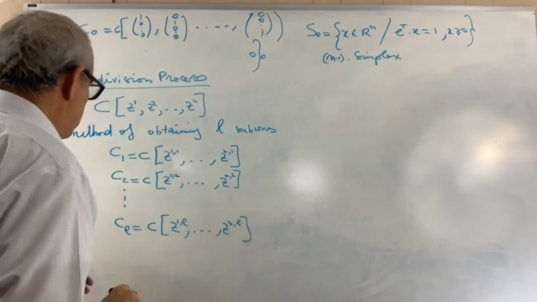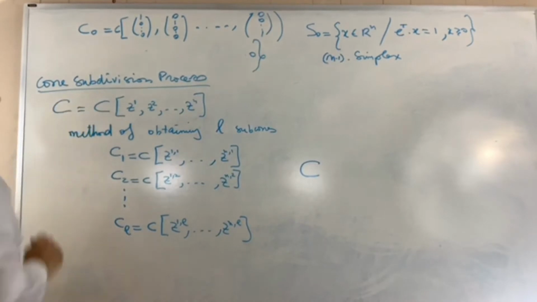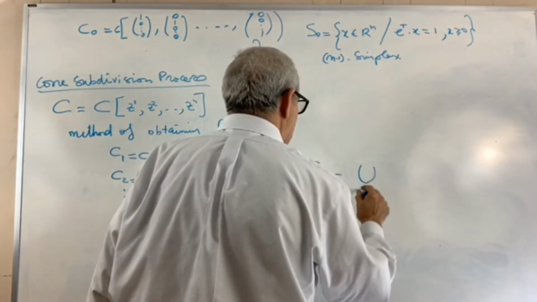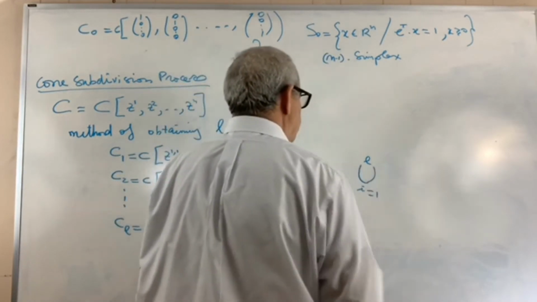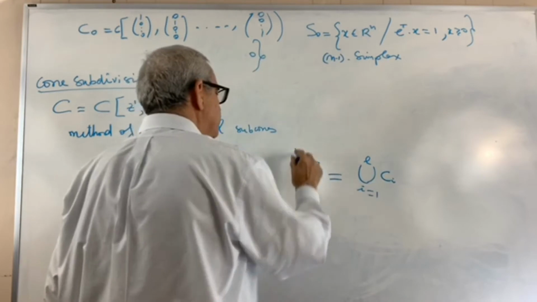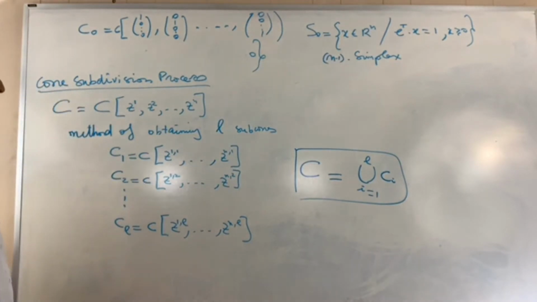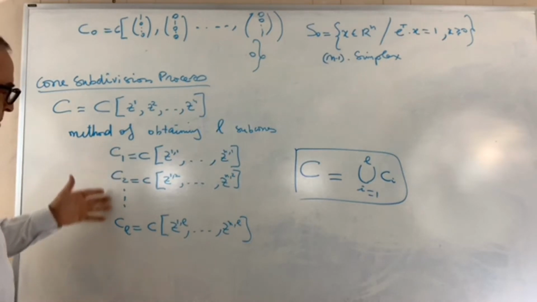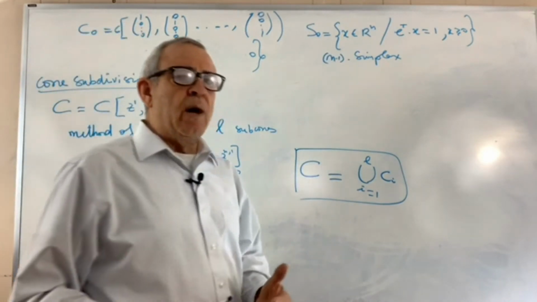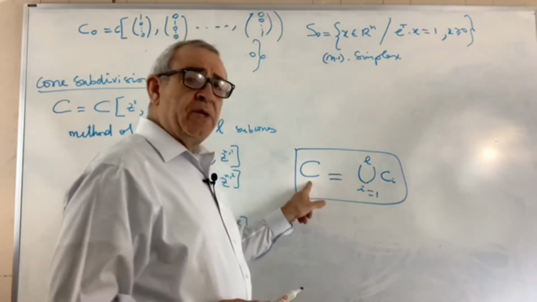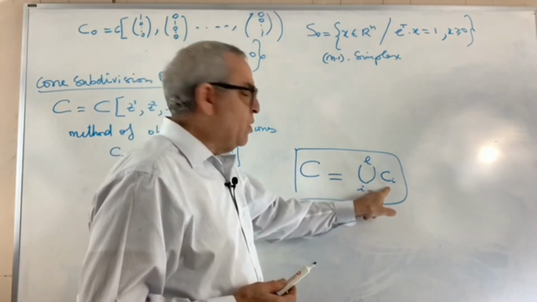One property of this is that C, let's call it this C, is equal to the union of the CI for I equal 1 to L. That's what we mean by a cone subdivision process: all of them are n-dimensional, and the union is C. When we're doing the optimization, we are trying to search in C for a better solution, and it is equivalent to searching in each one of the smaller cones.